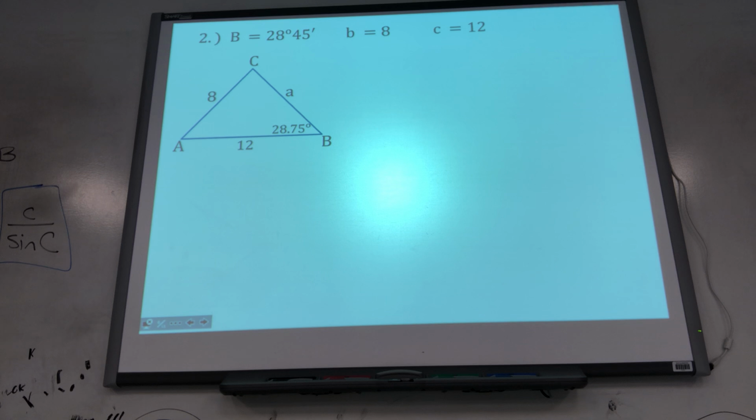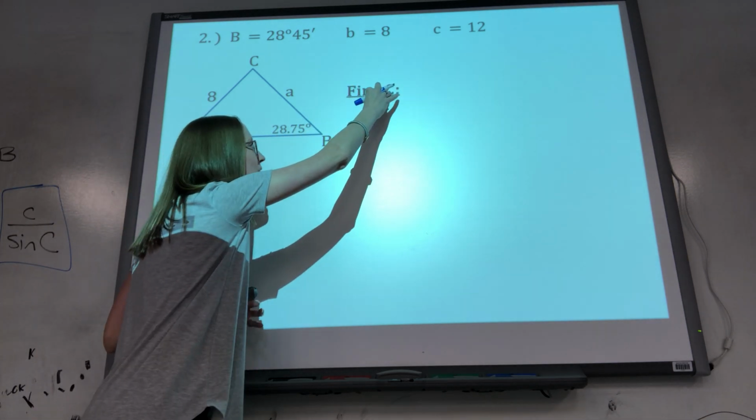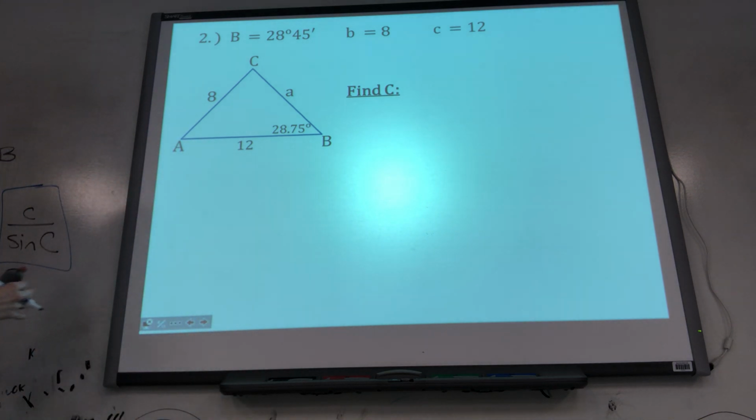Now take a look at those variables and take a look at these formulas. Once you pair these up, which variable are you going to be finding? Yeah, big C. So I labeled it that way. You don't have to label it like that, but in doing this, I'm going to be finding big C. So here we go.